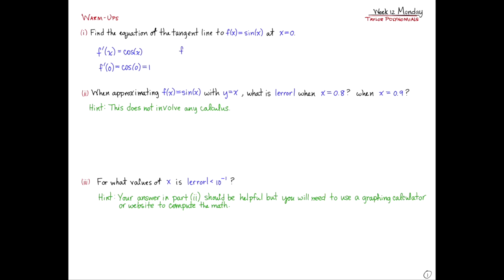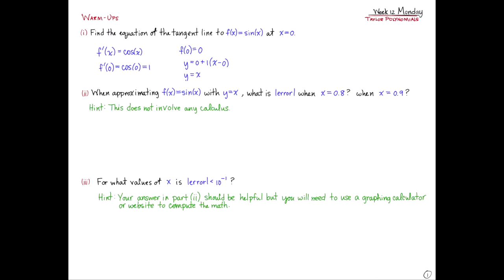F of 0 is sine of 0, which is 0. And now we have all the pieces we need to find the equation of the tangent line. Y is equal to 0 plus our slope, f prime of 0, which is 1, times x minus x naught, which is 0. This simplifies down to y equal to x.